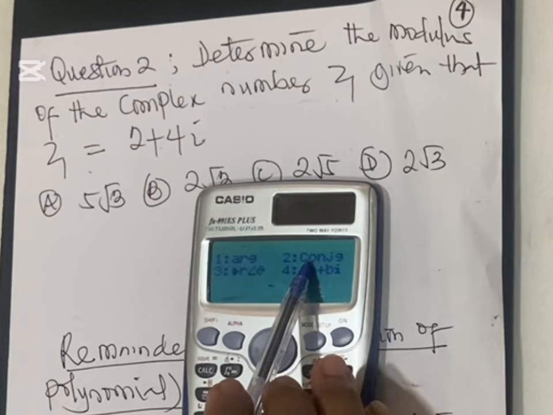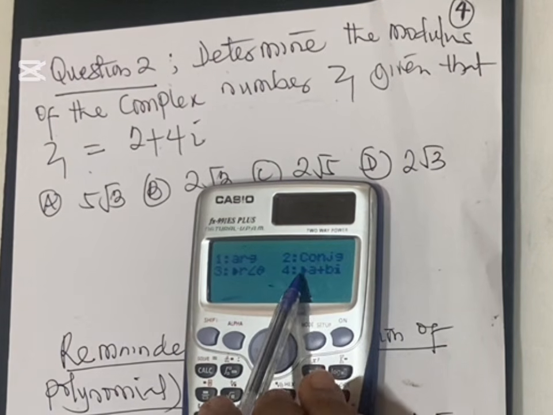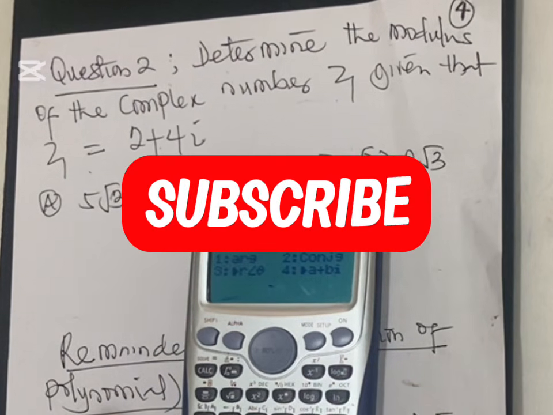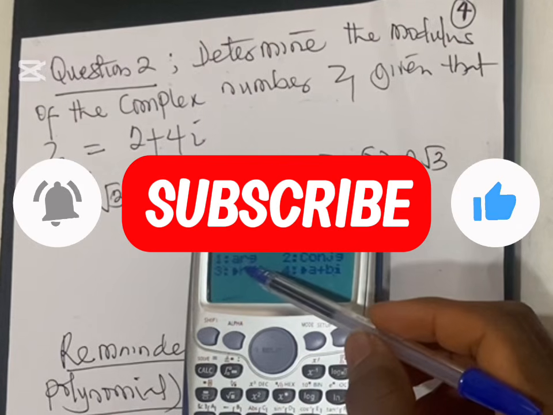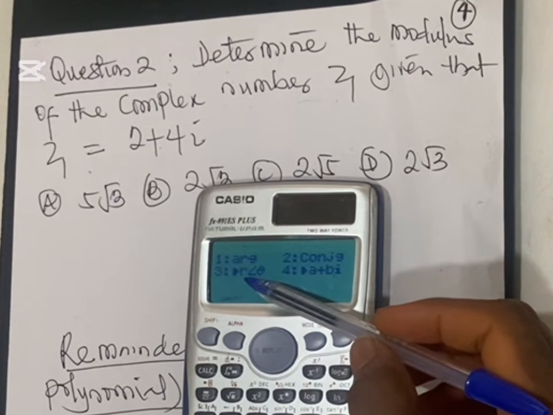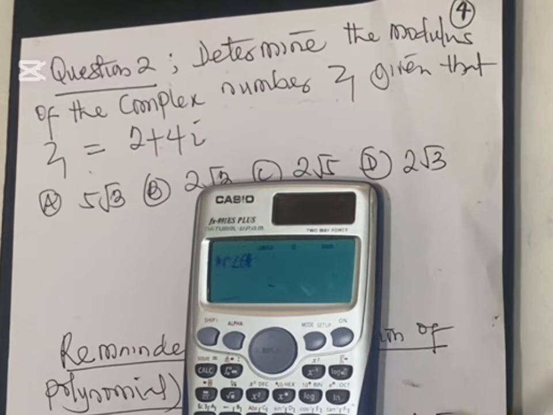This one is only for conjugate. This one is to change from polar to standard form. Please take note. Now since we want to get absolute value and then angle together, let's press 3.